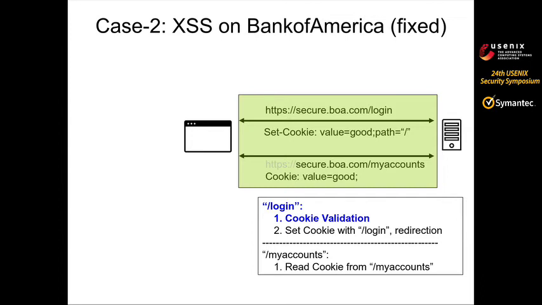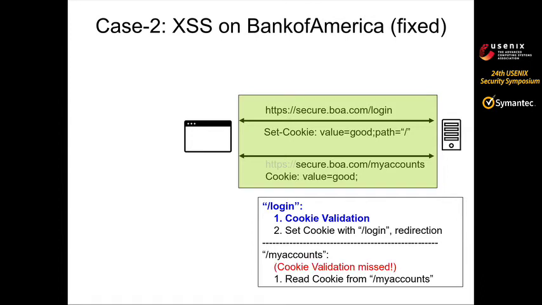The problem is that at the second URL, the cookie validation process is missing. The server seems to assume that since this is a redirection and it just set a cookie, it must read the cookie with the value it set.